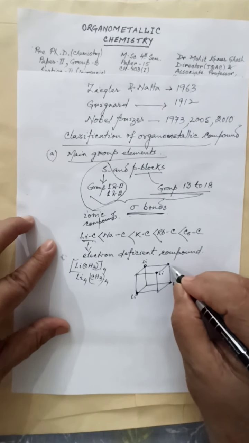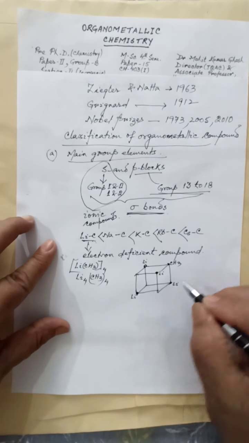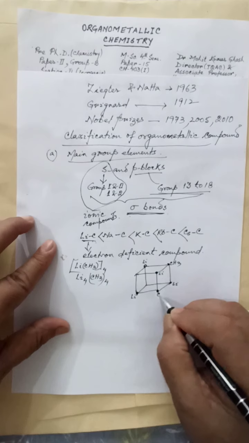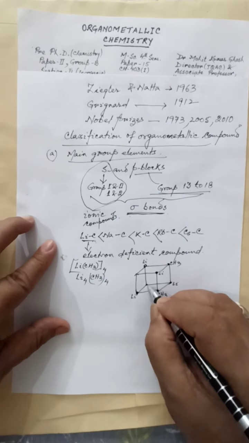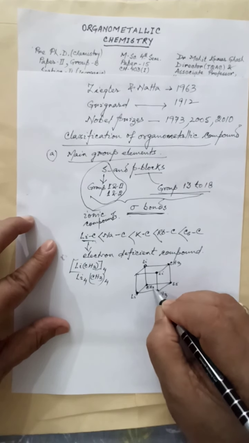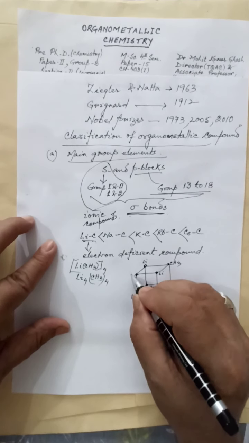And the remaining 4 alternate corners are occupied by CH3, then CH3, then CH3, then CH3.